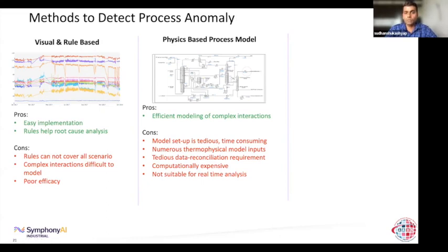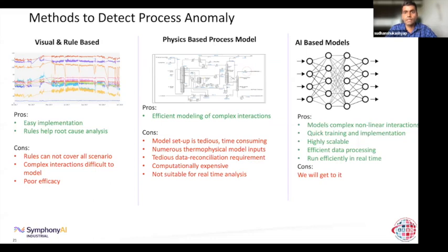But as we know, complexity keeps increasing as we want to add more detail. You need a lot of inputs, thermophysical properties and all, and again it becomes computationally expensive. So it is not suited for real-time analysis as well. But you could identify problems, explain them, and fix them much more easily than with any of the other methods if you are doing a physics-based approach.